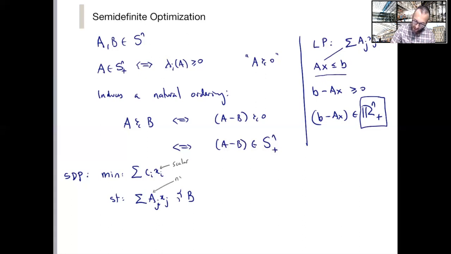A is an n by n matrix, and B is an n by n matrix. And therefore, this inequality defined with respect to the semi-definite cone makes sense. And you can check that, similarly to how we wrote the standard form LP, there are many other ways that you can write SDPs.